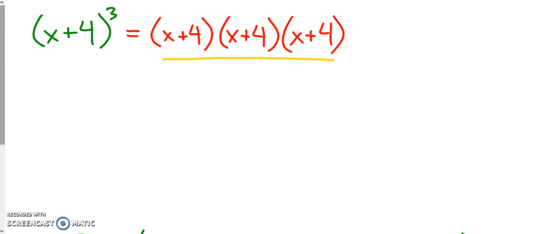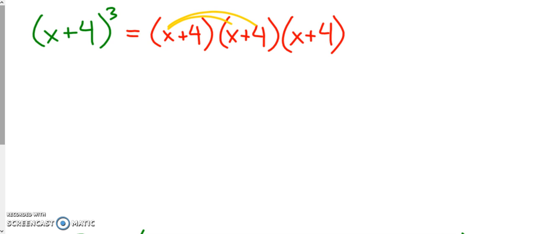Now, having said that, technically speaking, if you're a box person, you could make a cube out of this and 3-dimensionally multiply stuff together to make this work. That's really hard to draw on a flat piece of paper. So what we're going to do instead is we're going to take these first two, multiply them together, and then take the answer and multiply it by the last one. So, if I multiply these first two together, I'm going to have x times x and x times 4.